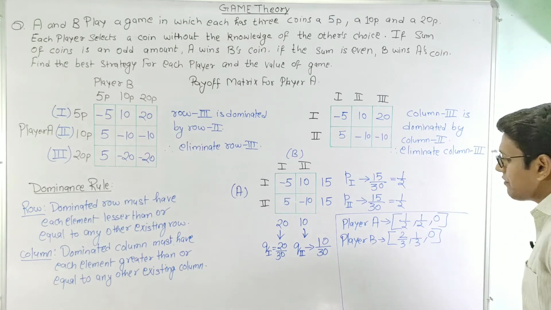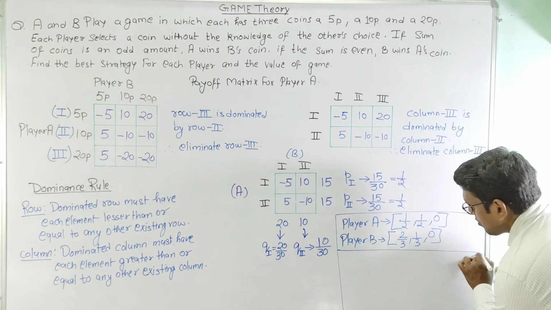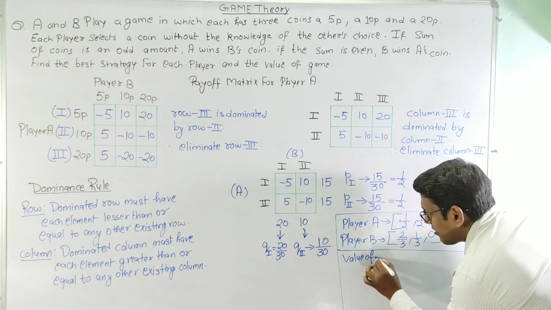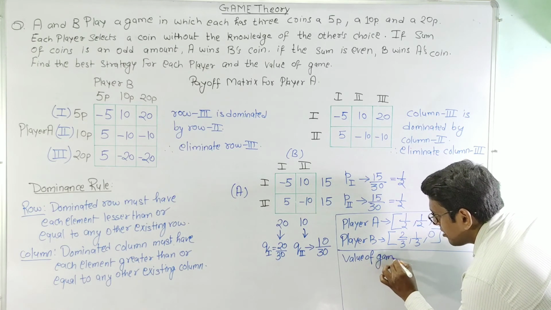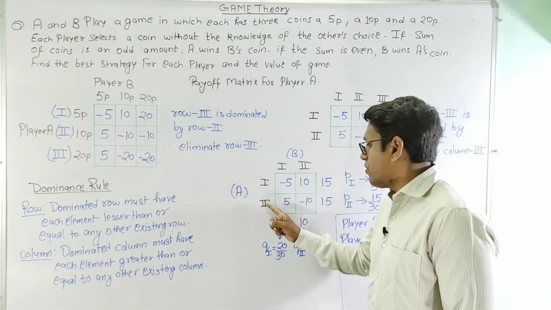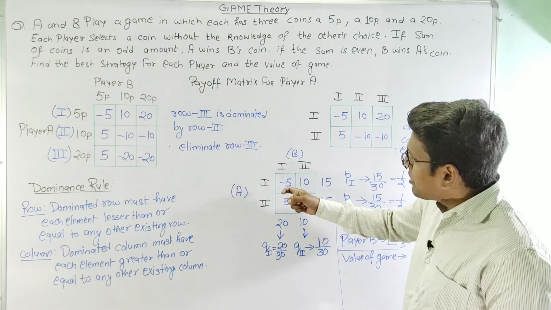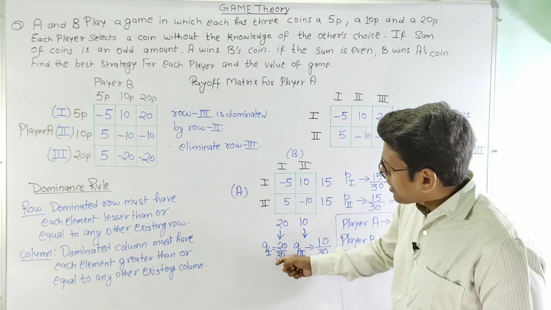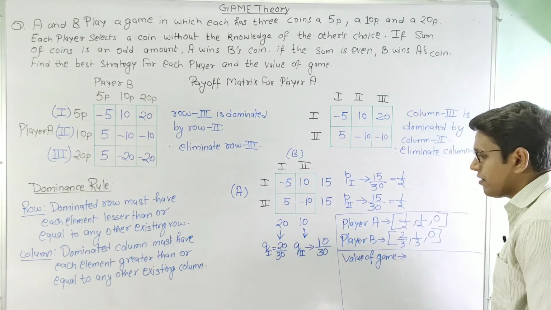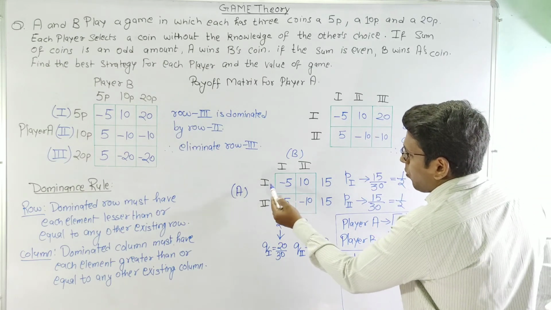Now to calculate the value of game, we have seen how to calculate the value of game. The value of game can be calculated simply by taking any row or any column and multiplying it with the corresponding probability. So here let us take row 1.